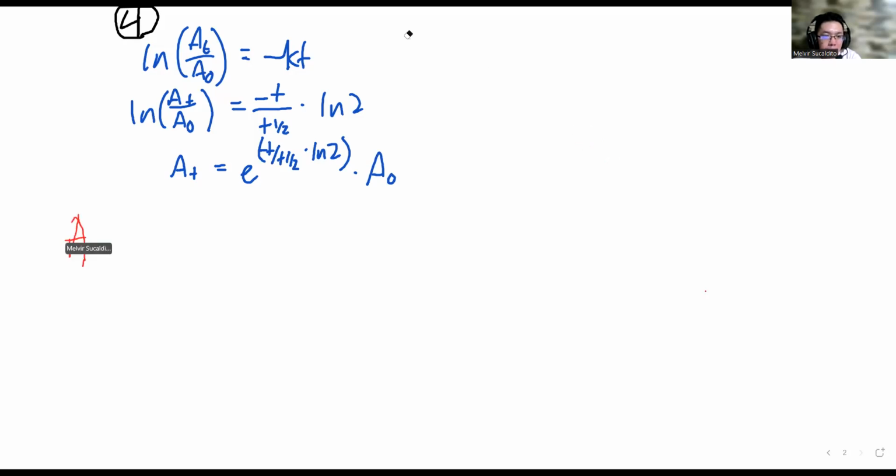So, 80 is equal to e raised to, what's your negative t? What's your t here? 1 year, correct. All over, what's the half-life? The half-life was given.